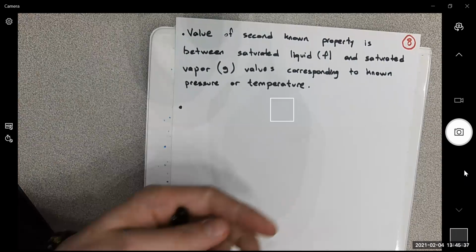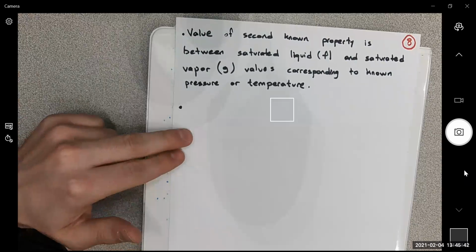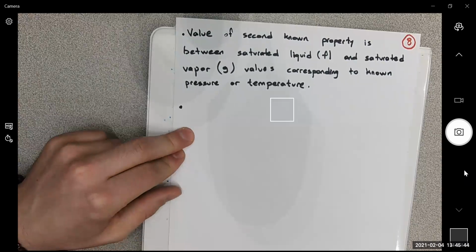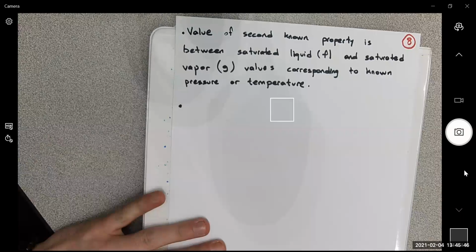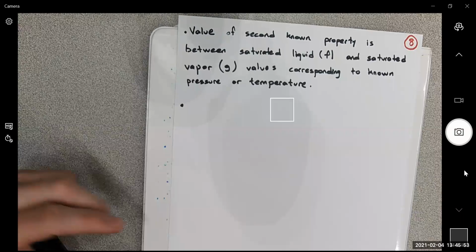That pure substance has a quality. What I'm going to do here is calculate that quality, which will determine the position of the state.